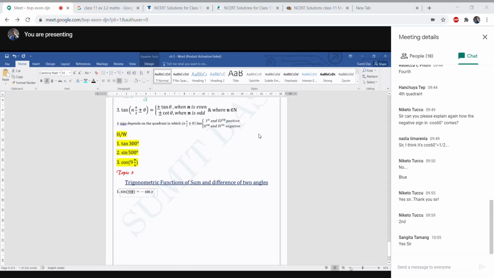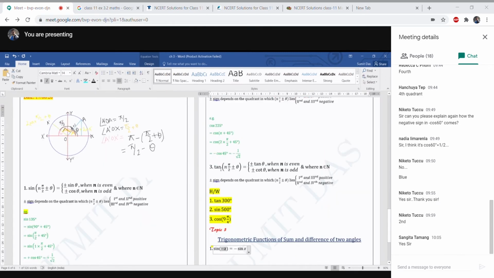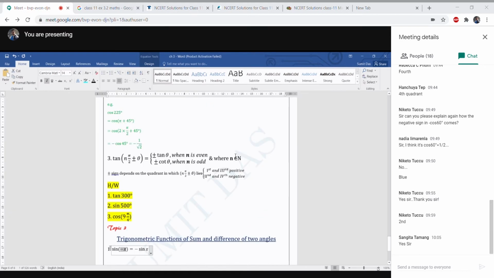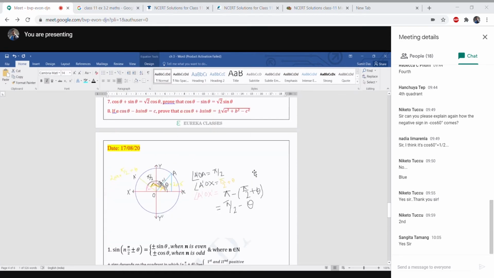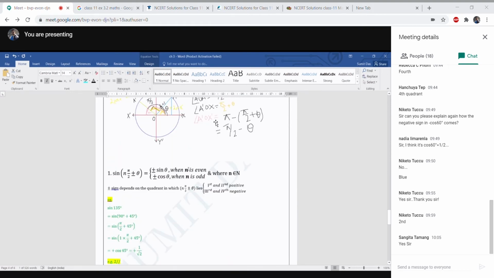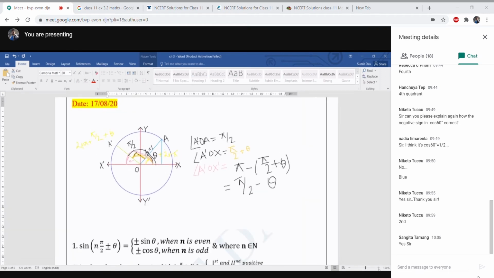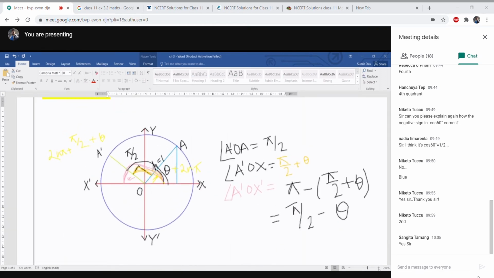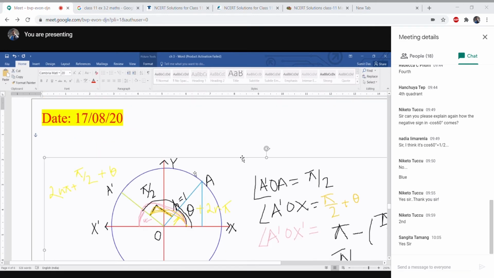Minus x will fall in which quadrant? This is the four quadrants you can see.